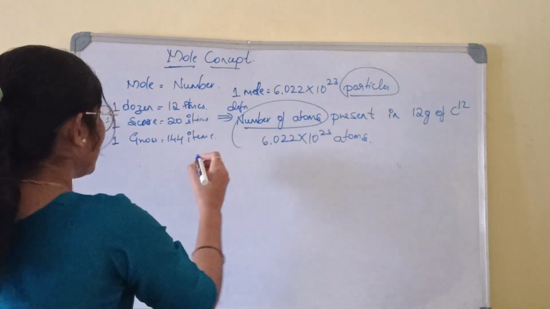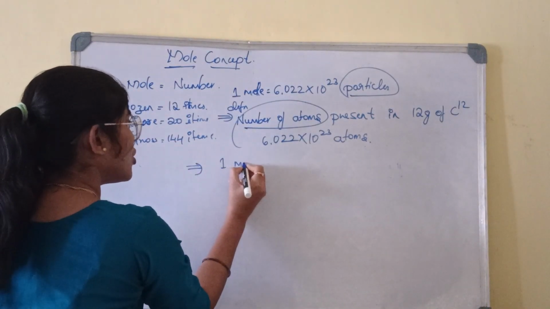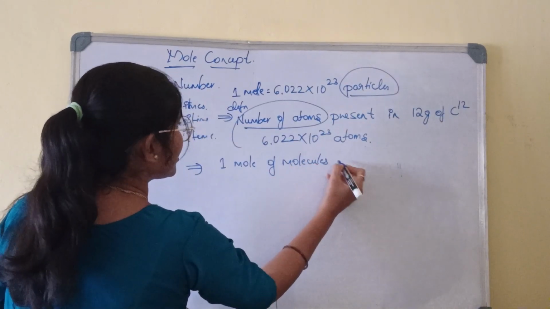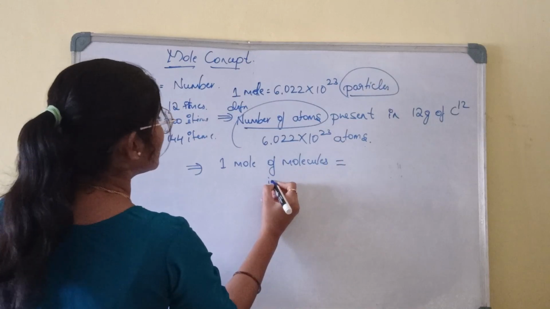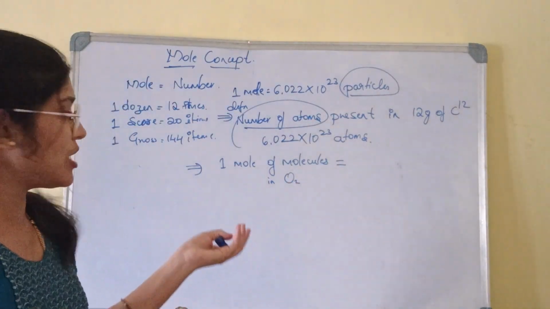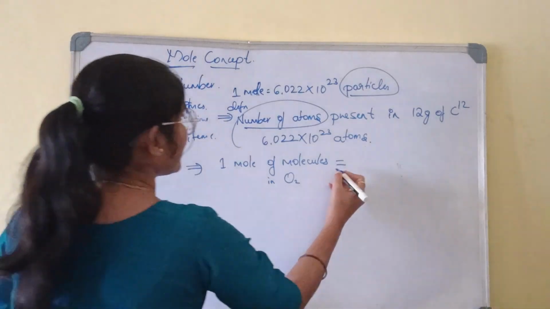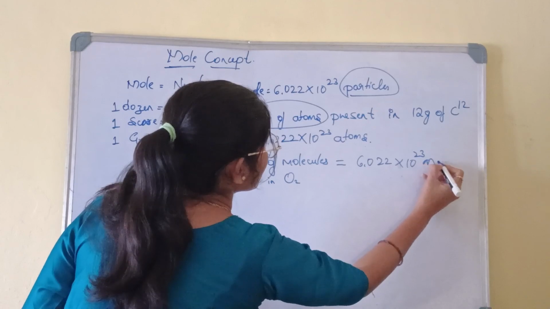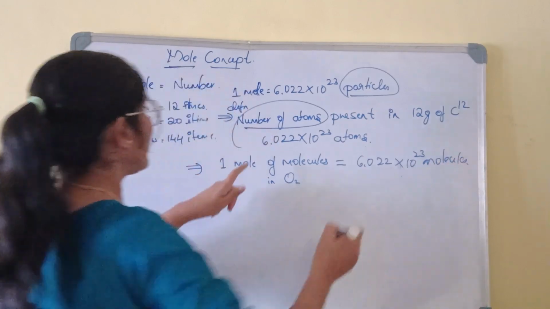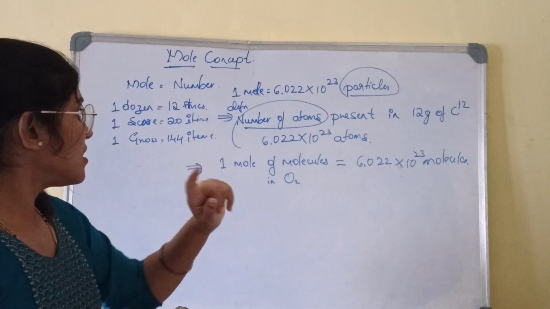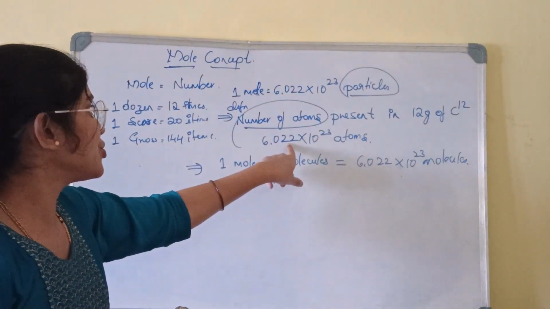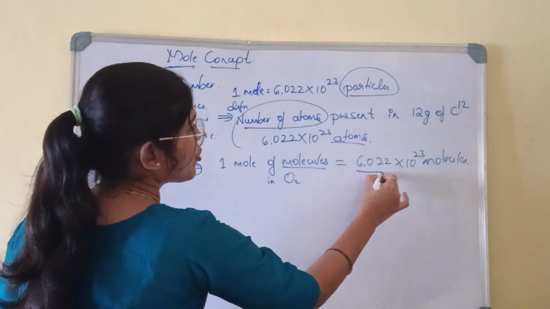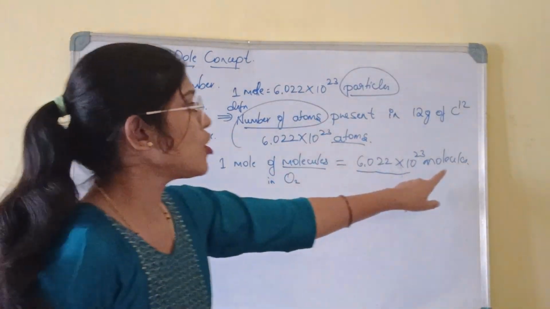Next, 1 mole of molecules, for example in an O2 molecule, is 6.022 into 10 to the power 23 molecules. 1 mole of atoms in oxygen atom is 6.022 into 10 to the power 23 atoms. 1 mole of molecules is 6.022 into 10 to the power 23 molecules.